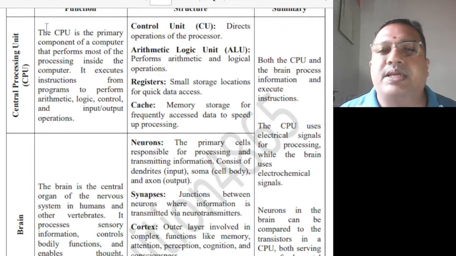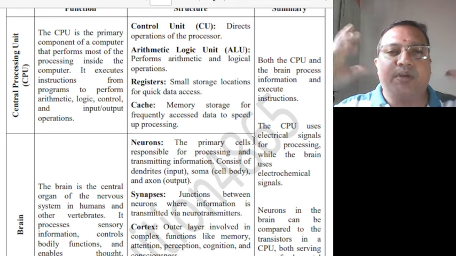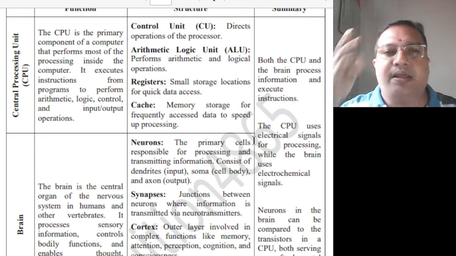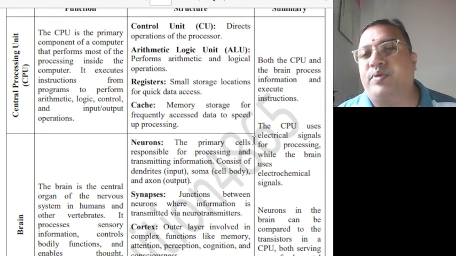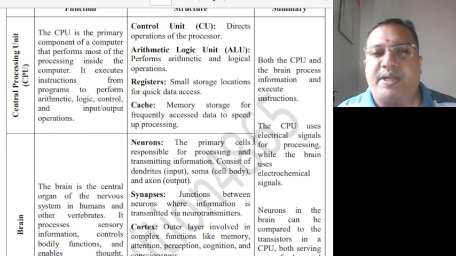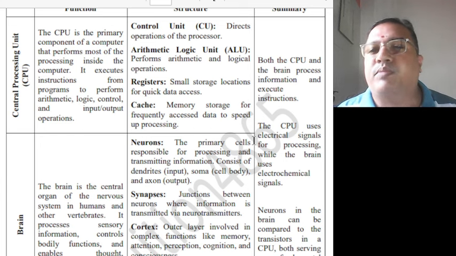In summary, we compare the structure of the human body, the brain and the connecting structures, with the CPU, the central processing unit of a computer. Both the CPU and the brain process information and execute instructions.